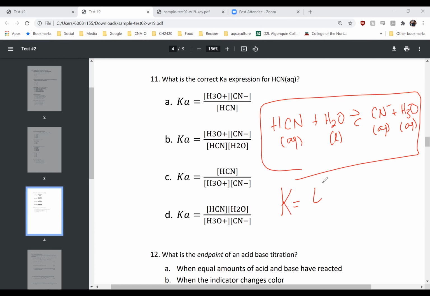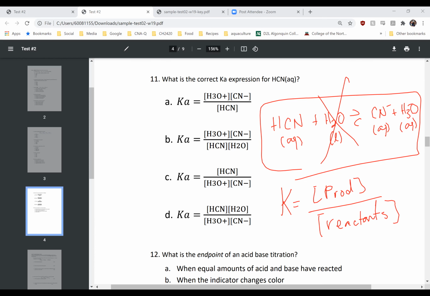It's still the concentration of the products over the concentration of the reactants. Nothing has changed. Just remember, we do not put liquids in there. Guys, anything I don't get done, I'm going to send the answer key out to you via email.